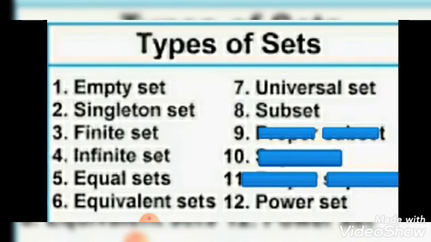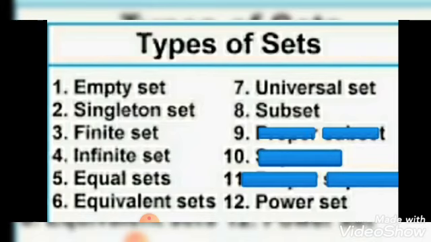Second example: set A is equal to {1, 2, 3, 4, 6, 12} and set B is equal to {2, 3, 5, 17}. What is the intersection of the sets? The common elements, 2 and 3. The intersection of the sets is {2, 3}.